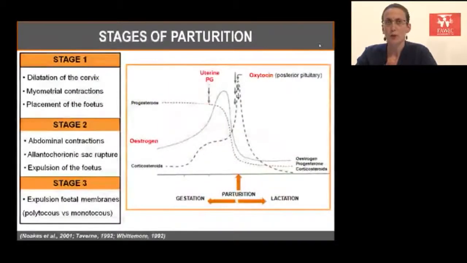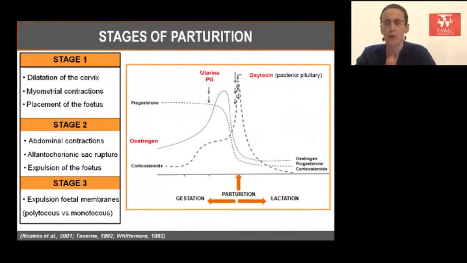Here I'm going to describe the different physiological stages at parturition. Traditionally, the first stage of parturition is characterized by the dilatation of the cervix, the myometrial contractions, and also the placement of the fetus for extraction.